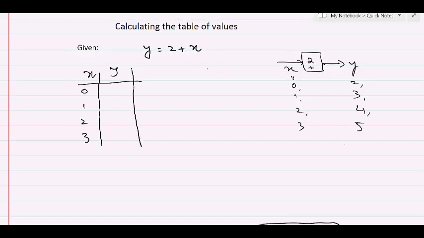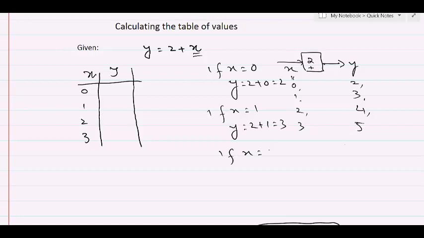Like I already explained, if x is equal to 0, in the rule of transformation we replace x with 0, and 0 plus 2 would be what? y is equal to 2 plus 0, which is equal to 2. If x is equal to 1, y is equal to 2 plus 1, equal to 3. If x is equal to 2, y is equal to 2 plus 2, that is equal to 4.